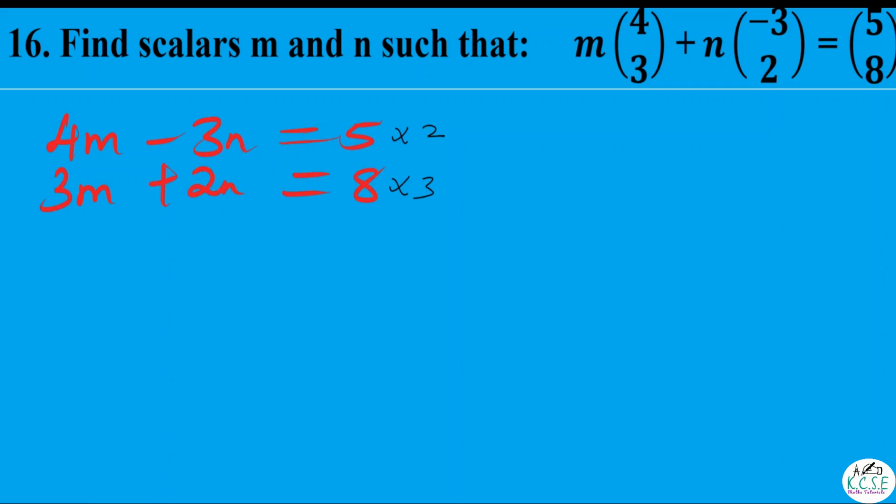I want to eliminate n. So multiplying the first equation by 2, we get 8m minus 6n is equals to 10. Multiplying the second equation by 3, everything by 3, get 9m plus 6n is equals to 24.